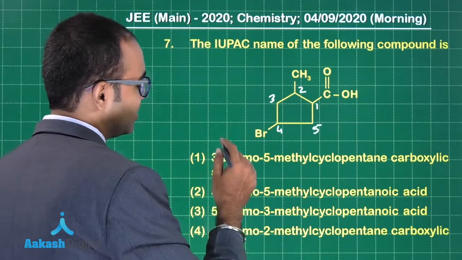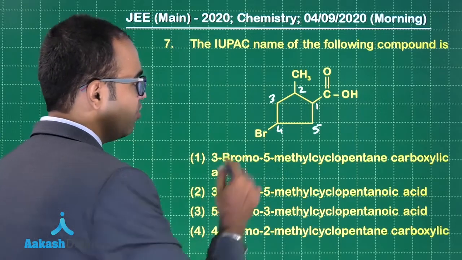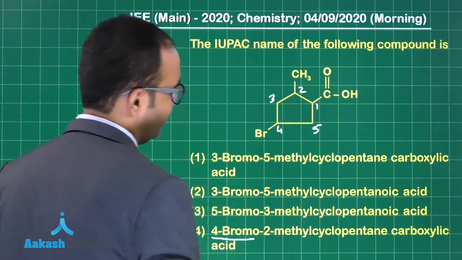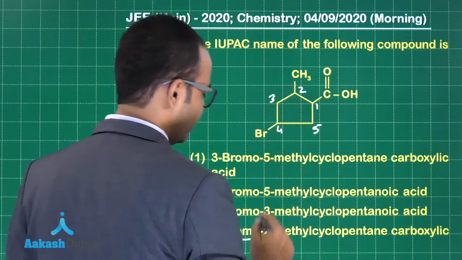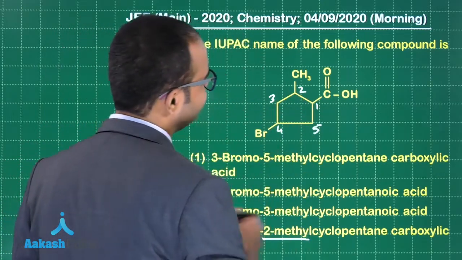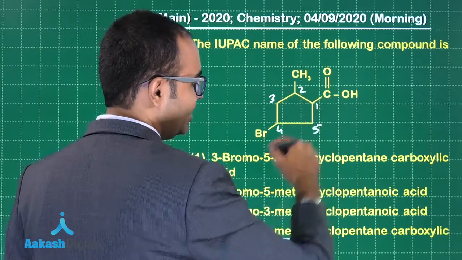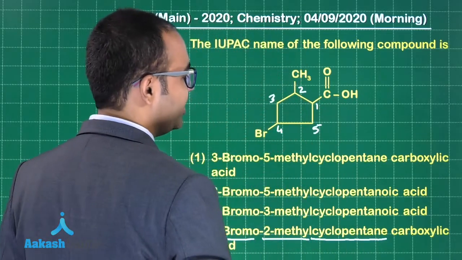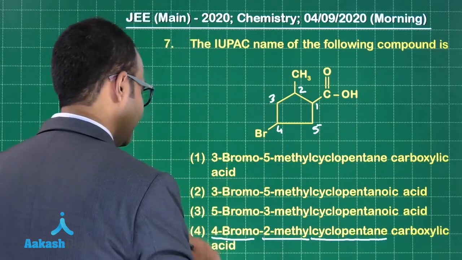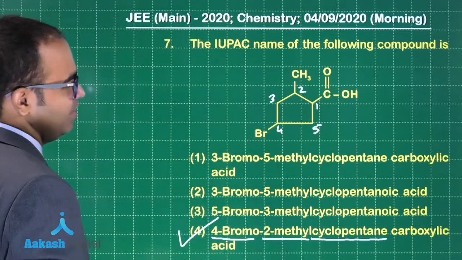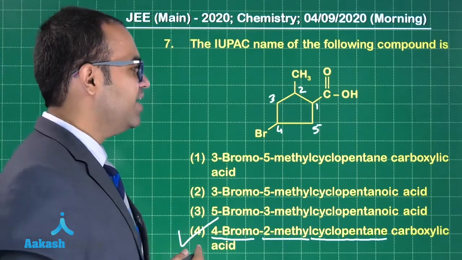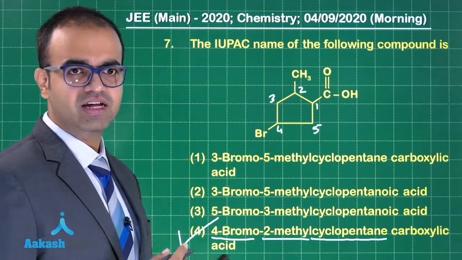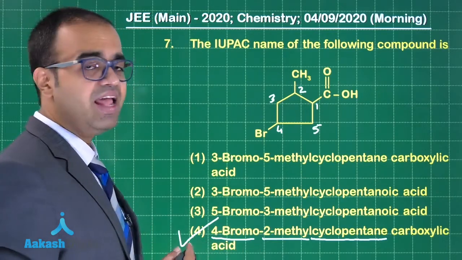So the name of the compound would be 4-bromo, and we have a 2-methyl over here. It is a cyclopentane ring. So 4-bromo-2-methylcyclopentane carboxylic acid is the right answer, guys. Okay, a question based on IUPAC, which is rare, but it is a scoring option for you guys. Okay, let us go on to the 8th question.